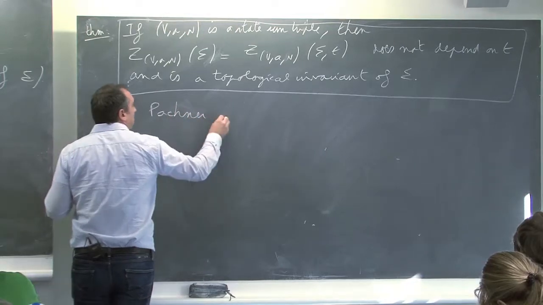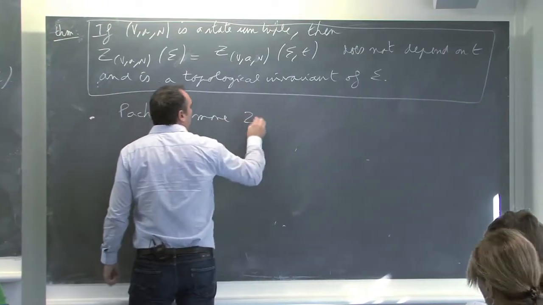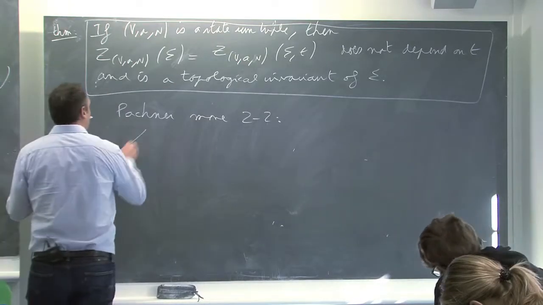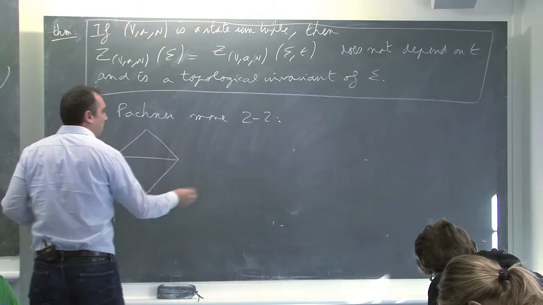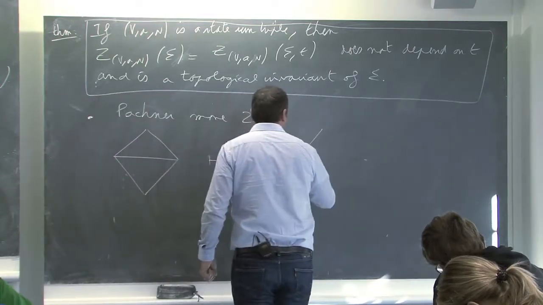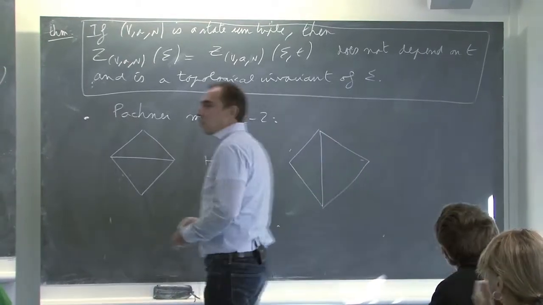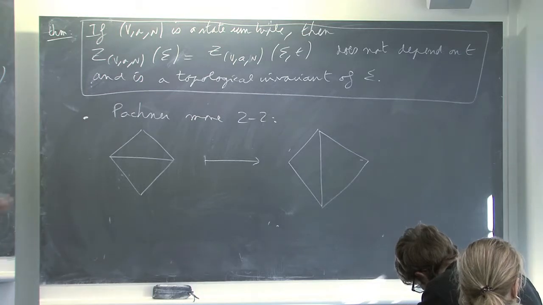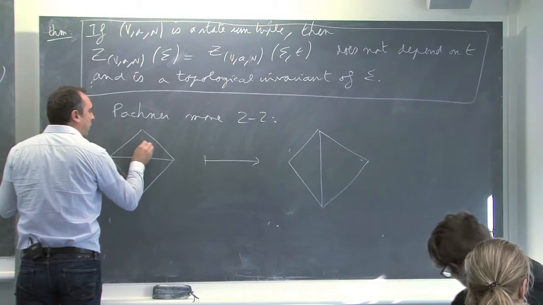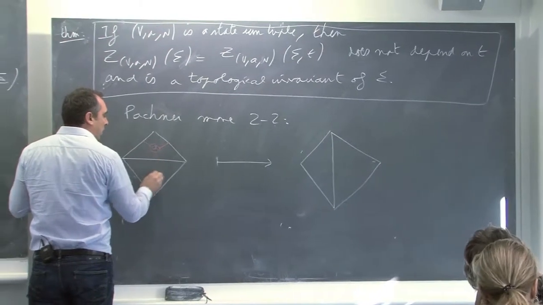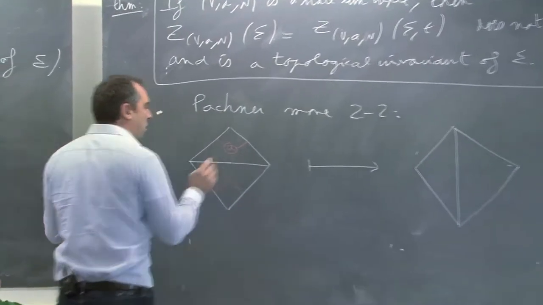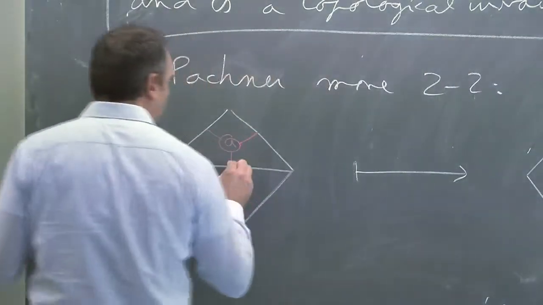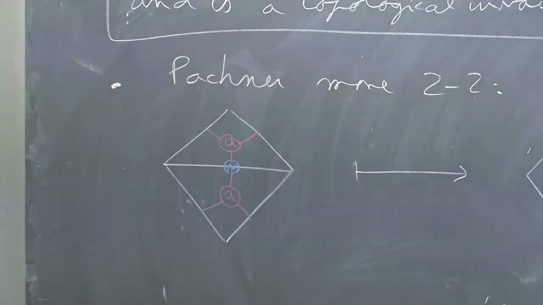Okay, so let us consider the Pachner move 2-2. Okay, so I recall, so you have two triangles, and what you do is this. So, in the first situation, we know that we assign A to each triangle, and here you contract with μ.